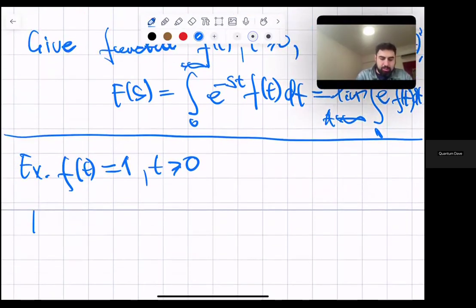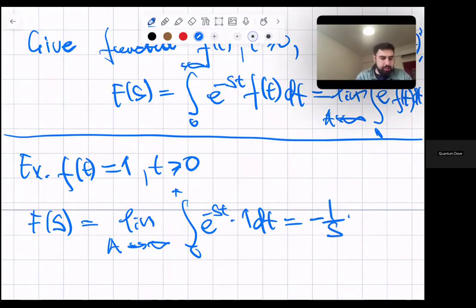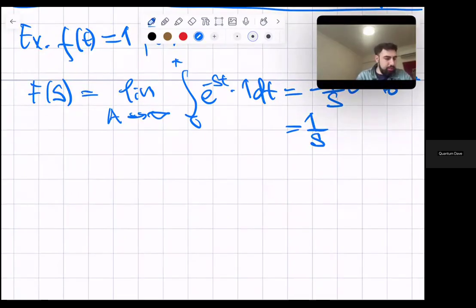So we just will use the definition, and we get the integral from 0 to infinity, and we have to do just this, and this will give minus 1 over s e to the minus st from 0 to a, and that's nothing else than 1 over s. So first, quite a simple result.